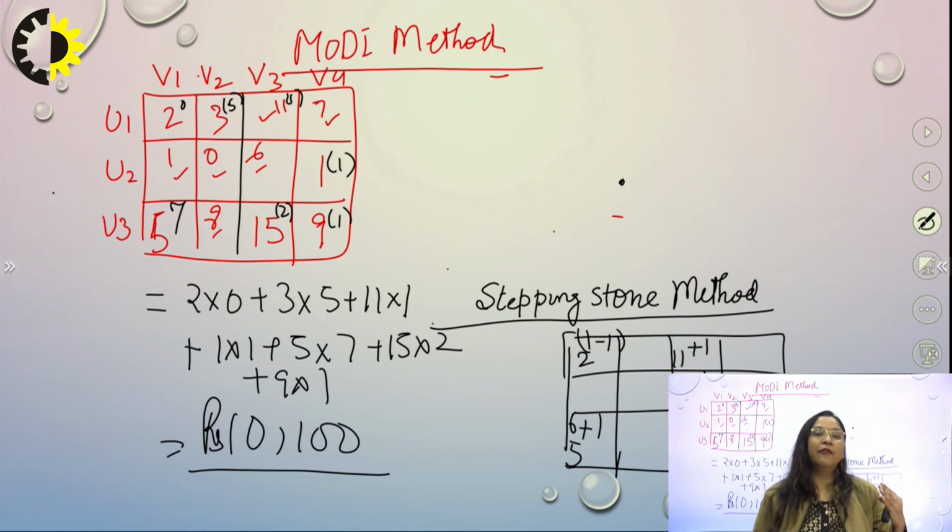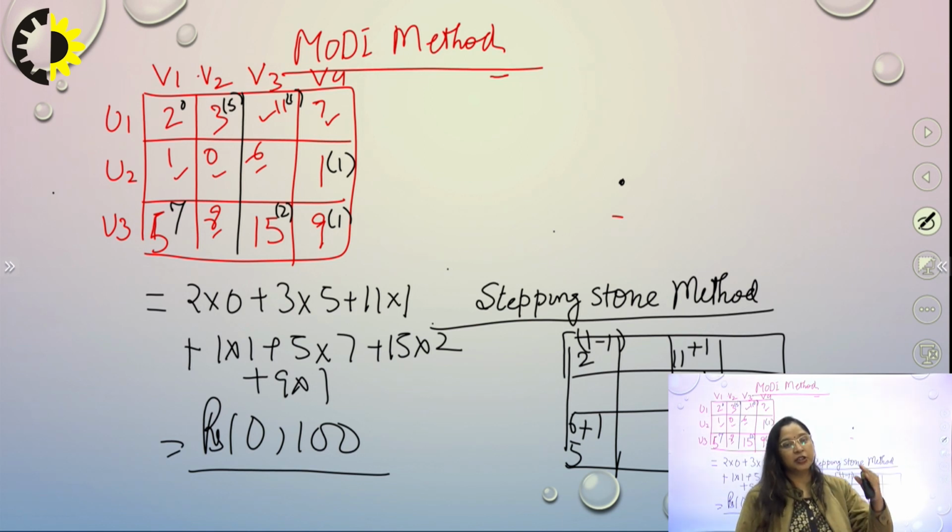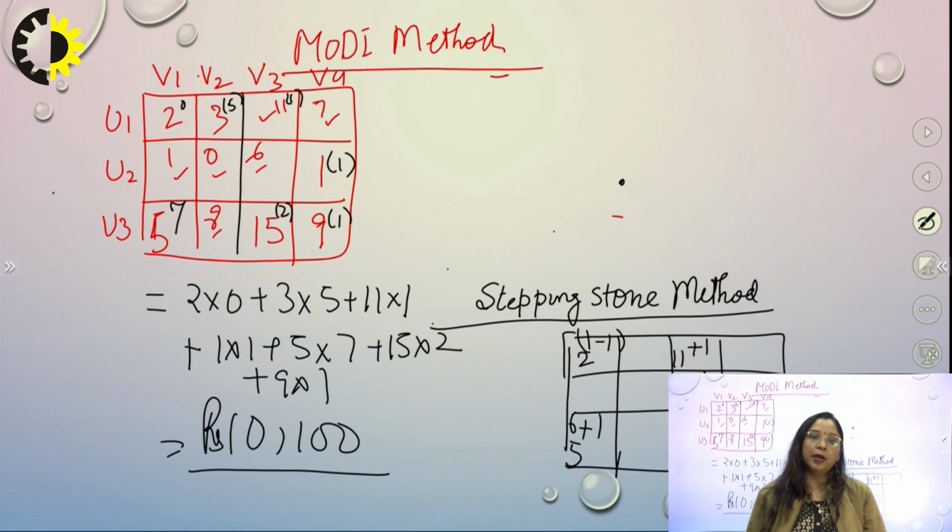Then with the help of the u and v values, we find out the unallocated cells. We subtract the original unallocated and the allocated cell values. If there is any negative number in that matrix, then the similar stepping stone method will be done, and the iteration will continue until you have positive numbers in the matrix after the UV method.